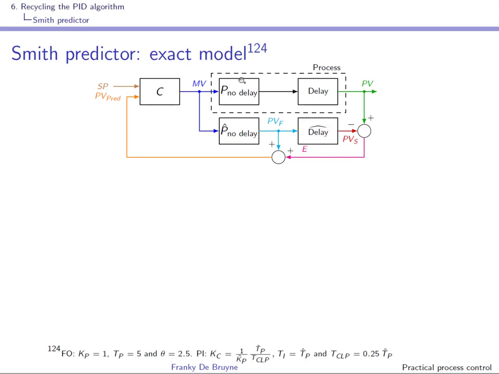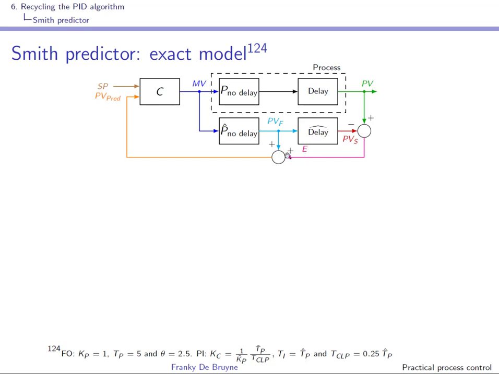To make the link with the predictive PID that will follow, we'll use the names PV fast, PVF here, as the output of the model without delay, and the output of the overall model will be called PV slow, because it goes through the delay.